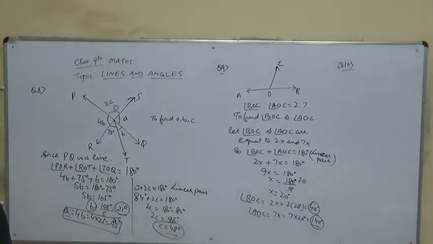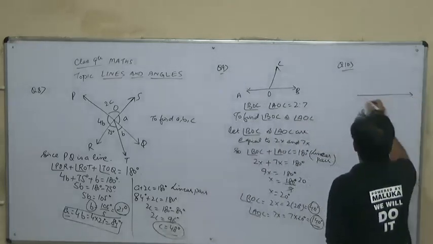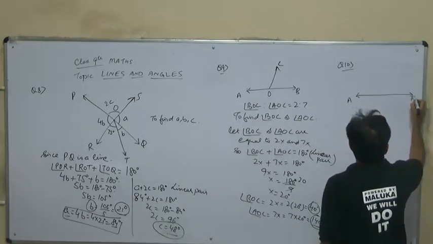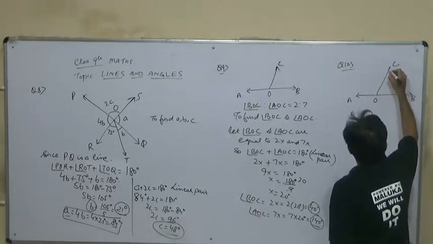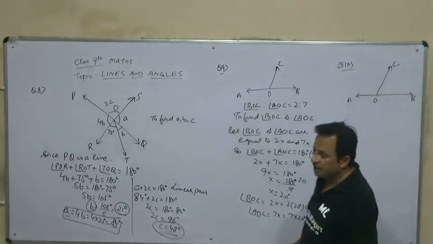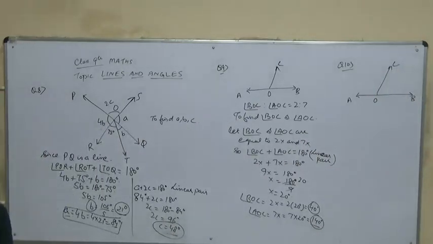in the figure, ray OC stands on line AB. So again the same thing. There is line AB and OC stands on it. Now in this case, OL and OM are the bisectors.